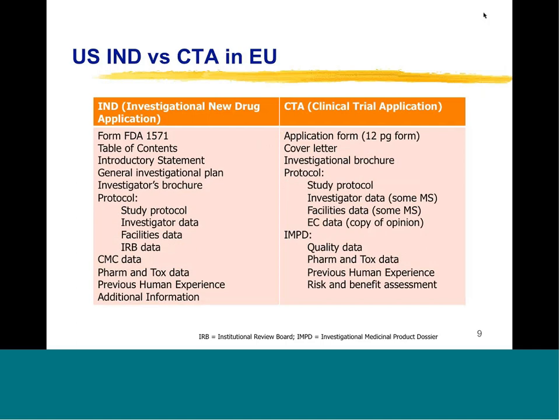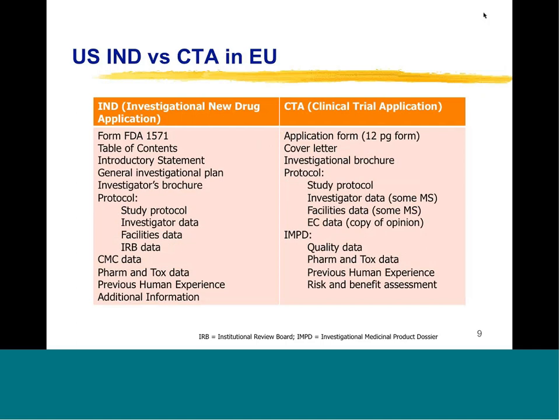You would have your investigator brochure, the protocol, then the CMC package, and the Pharm Tox package, which is really your preclinical, and then any previous human experience at the end, which obviously in a phase 1 you won't have. For a CTA, clinical trial application, let's say you go to the UK first or Germany, they're similar.